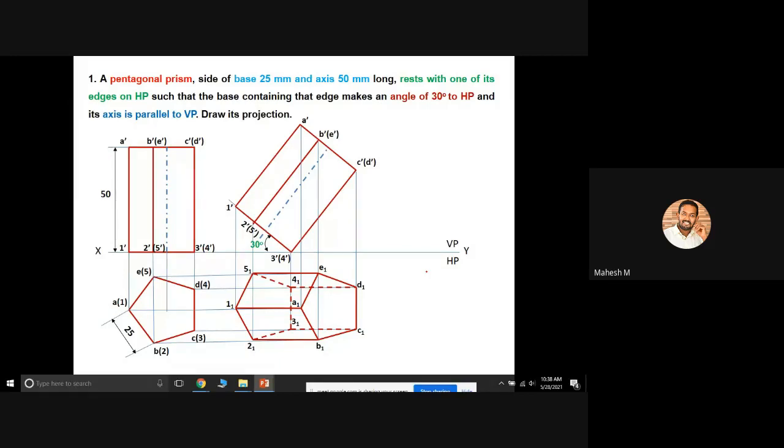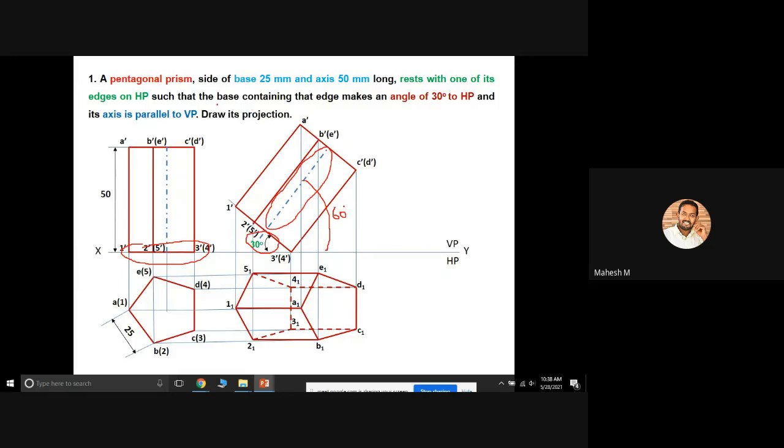Okay. So in the problem பொறுத்த வரைக்கும் பாத்தீங்கன்னா this is the base, right? So this is the base. So here this particular base is 30 degree inclined to HP. So this blue color line is the axis line. Okay, so in the axis line என்ன angle இருக்குன்னு பாத்தீங்கன்னா normally if you are creating a 30 degree incline to base, this axis line will look like a 60 degree inclination.